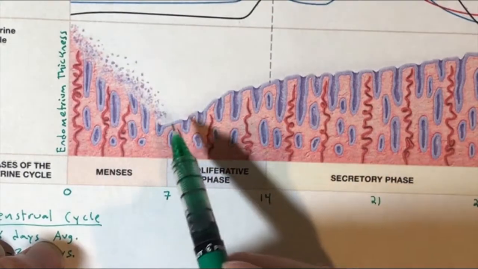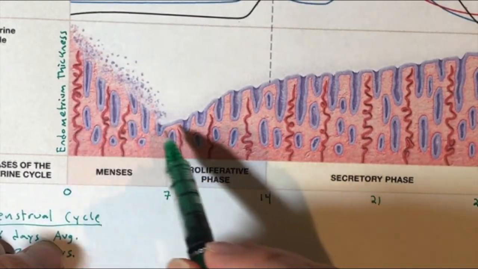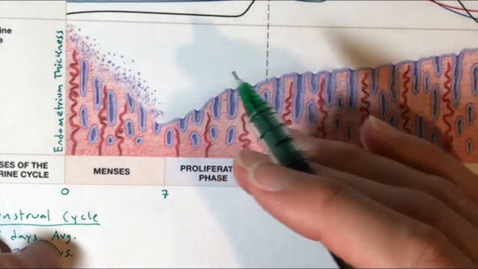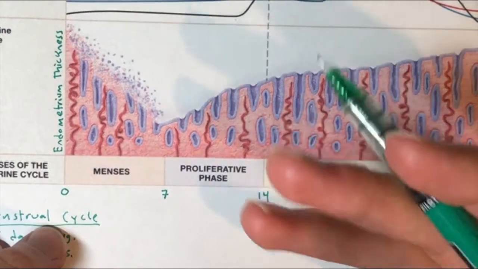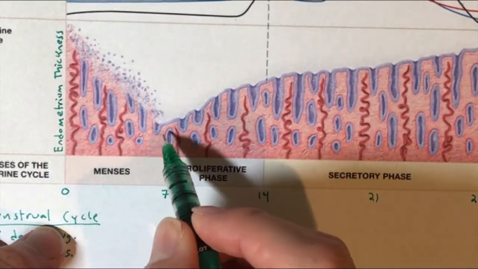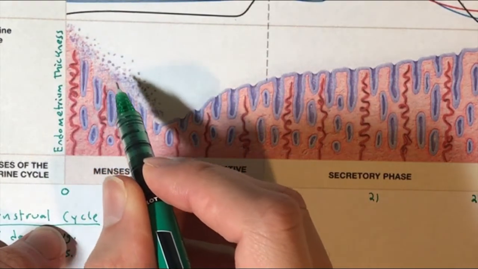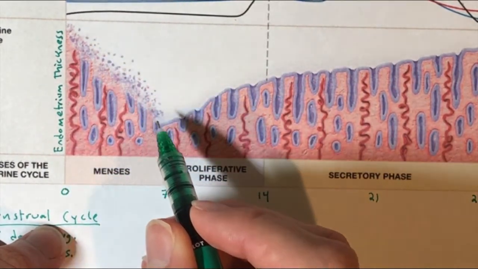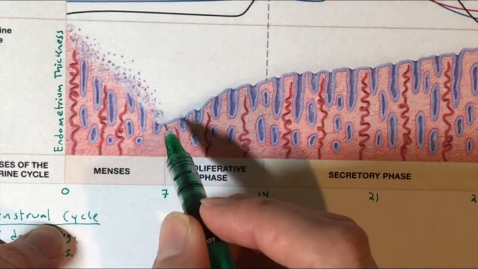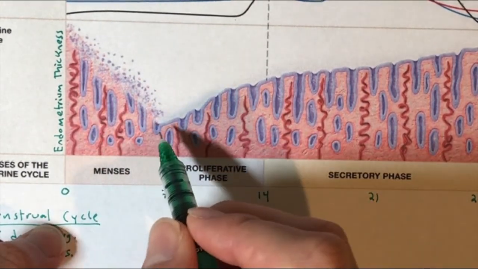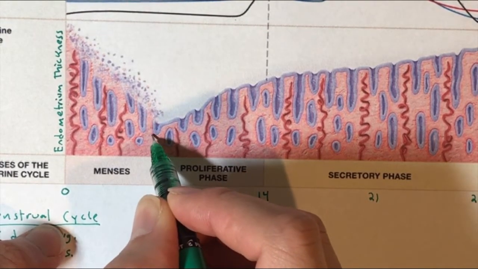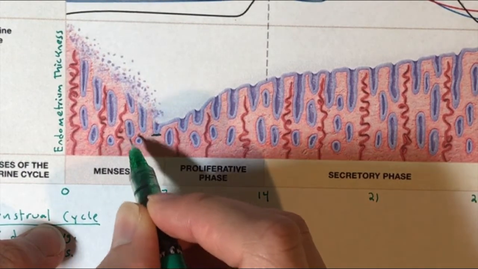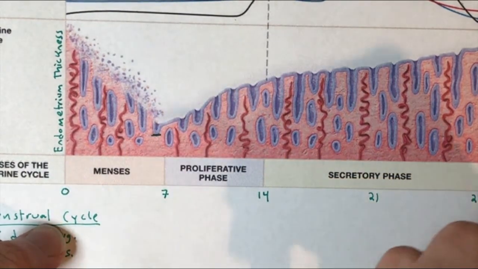Oh, and by the way, just so you can see generally here, there's always some uterus wall. There's always some part of the uterine wall that's there. Not all of it is going to be shedding off during the menstrual cycle. So you can see here's the uterine wall shedding off during menses, during the period, but it doesn't remove all the wall, so up until about here. So anything below this point is not going to be shed off. That's called the basal layer.